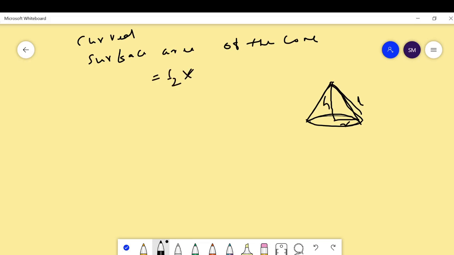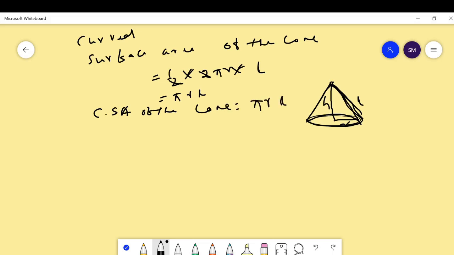The arc length is 2 pi r, into slanting height L. Then 2 cancels. This is pi r L. The curved surface area of the right circular cone is equal to pi r L.